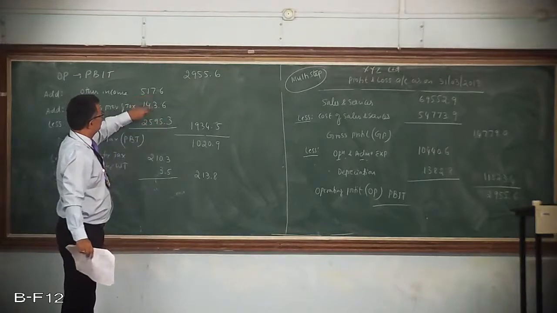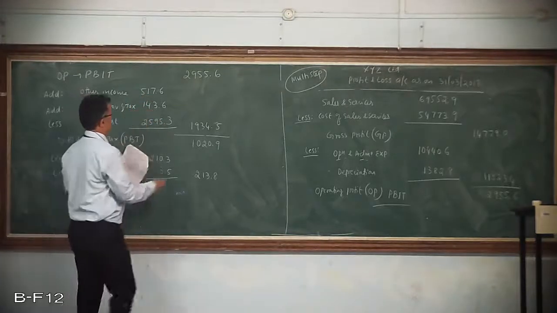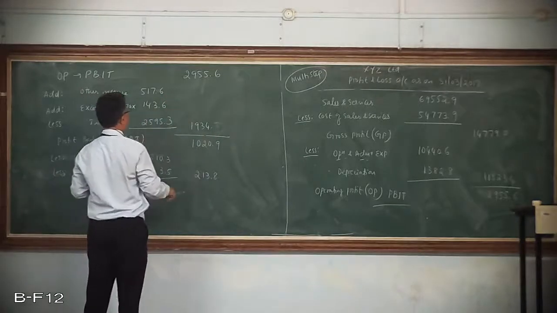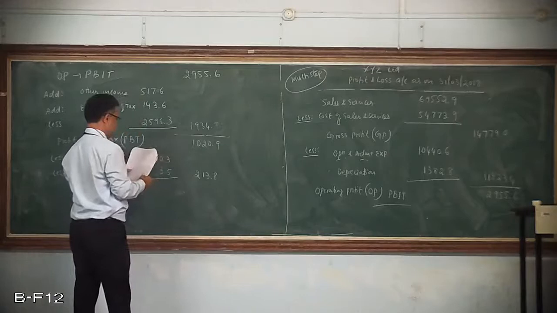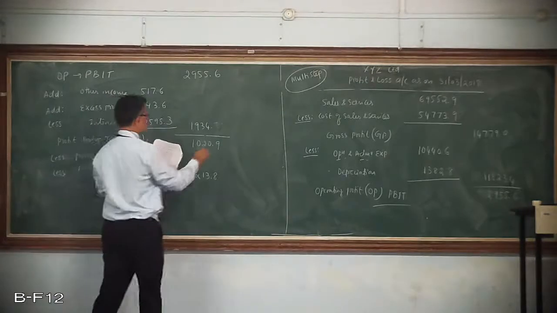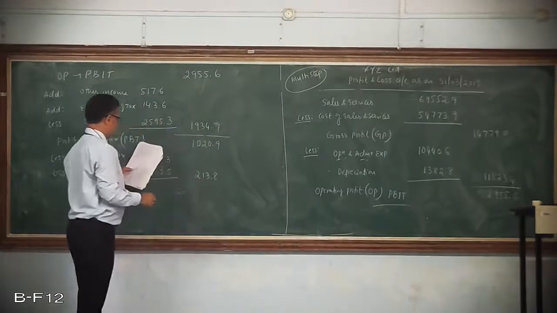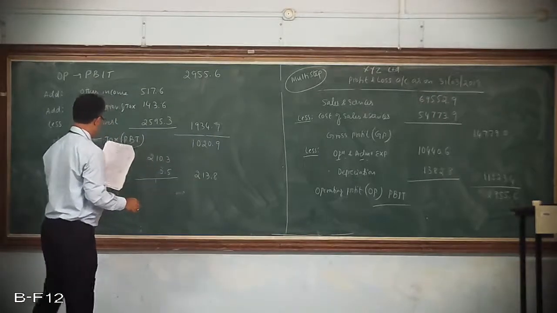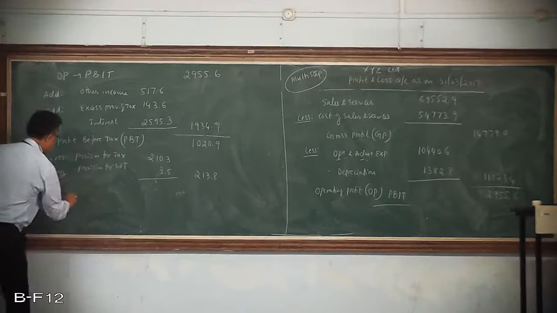Sorry, I have to subtract. 6 is 12. So it's going to be 1934.7, and next 213.8. So now check out profit after tax.